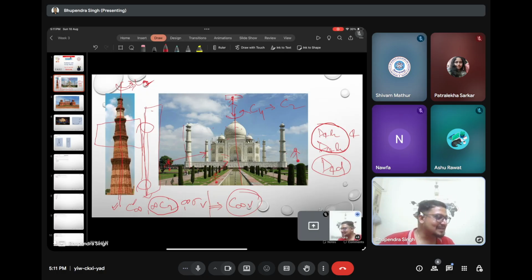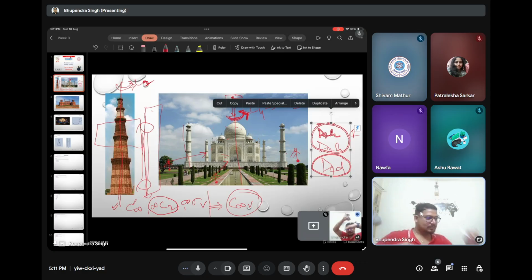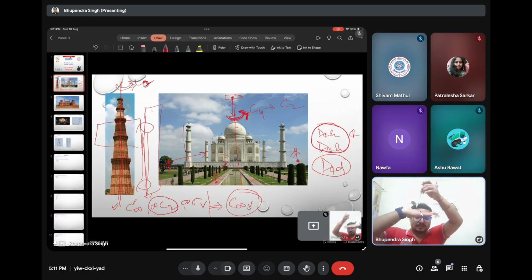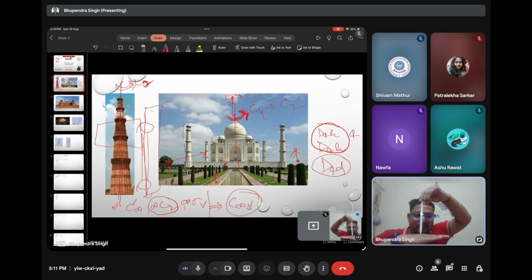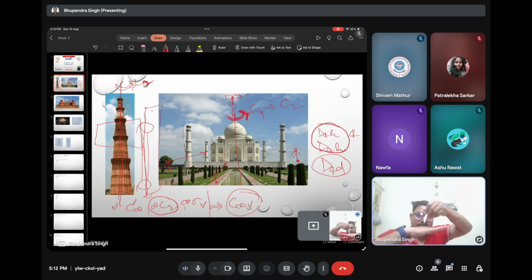This is the axis only. You are rotating the Taj Mahal from here. Previously it was C4, which means you are rotating 90, 90, 90, 90. Now you are rotating the Taj Mahal by 180, 180, 180. So only one C2 is there from this.